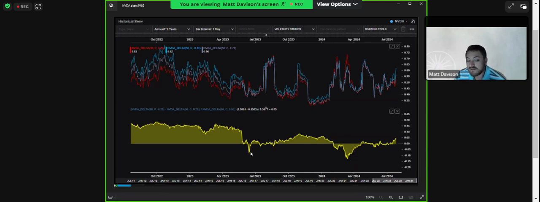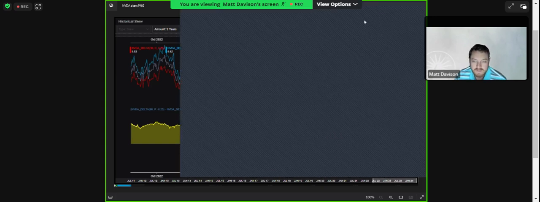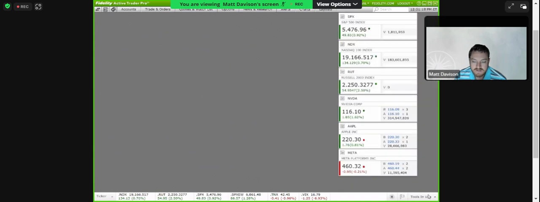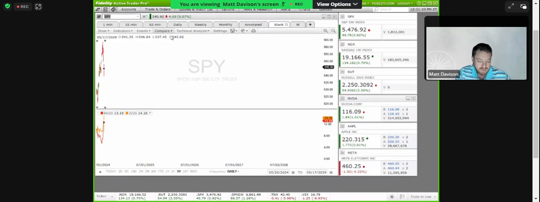I'm not trying to disrespect 2023 because it was an amazing year as well, but I would argue it went into hyperdrive here in the earlier part of the year, especially in terms of speculation. And what happened was we spent a couple months there where calls had a higher implied volatility than puts. And remember, this is not because there was a fear of the market going down. Let's just remind anybody that maybe isn't familiar with that chart. It was the opposite condition. The market was taking off.